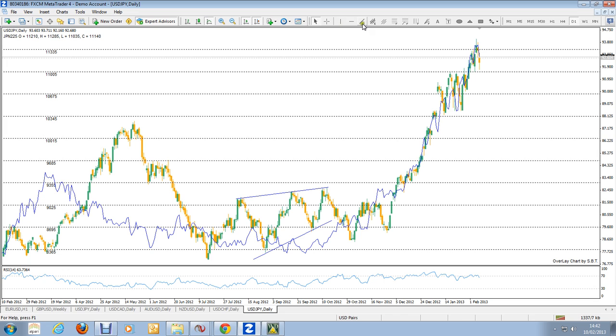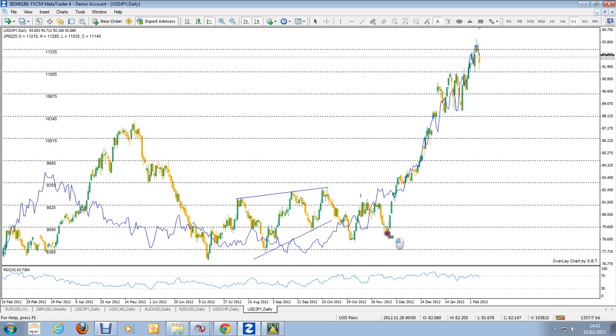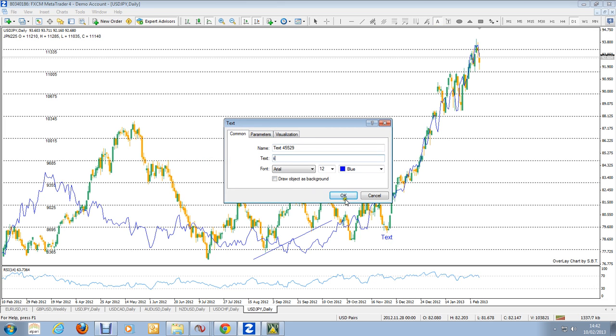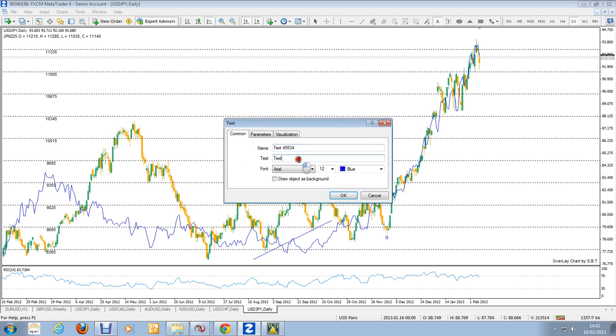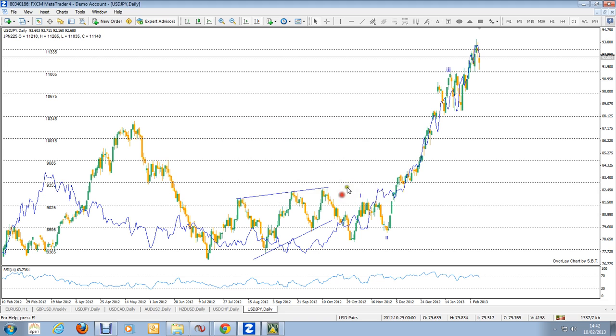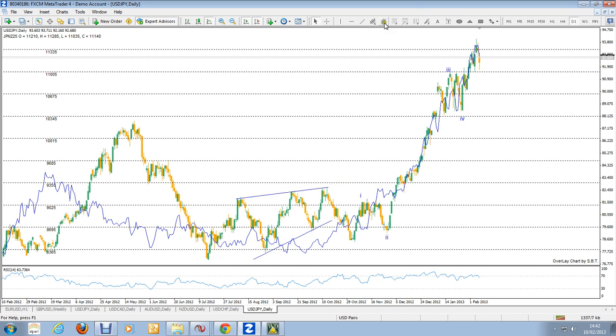So in other words, if I just put those numbers in, here is possibly 1, this one is 2, this one here is 3, retracement 4, and then wave 5.